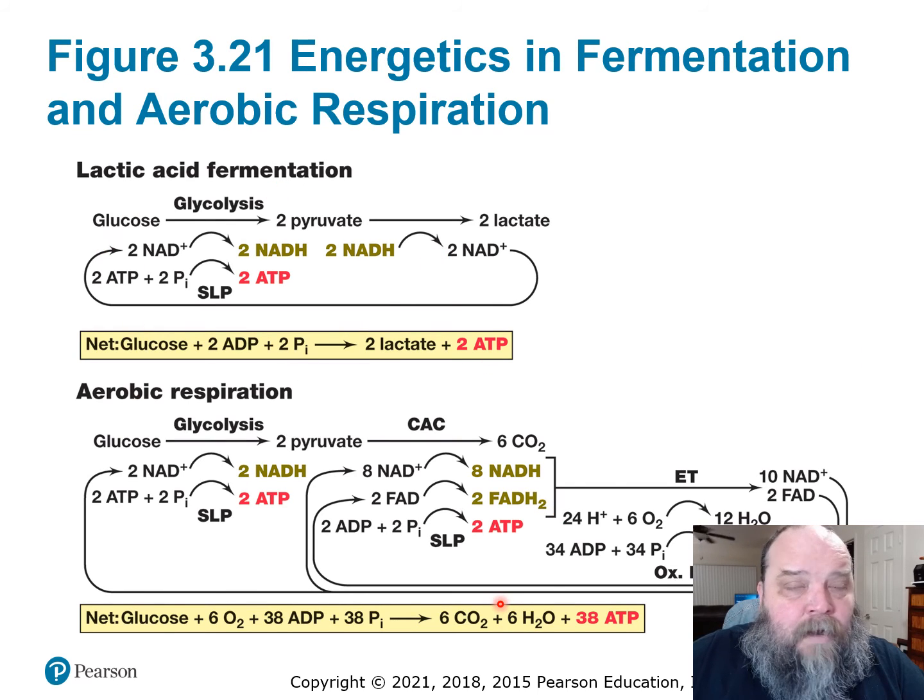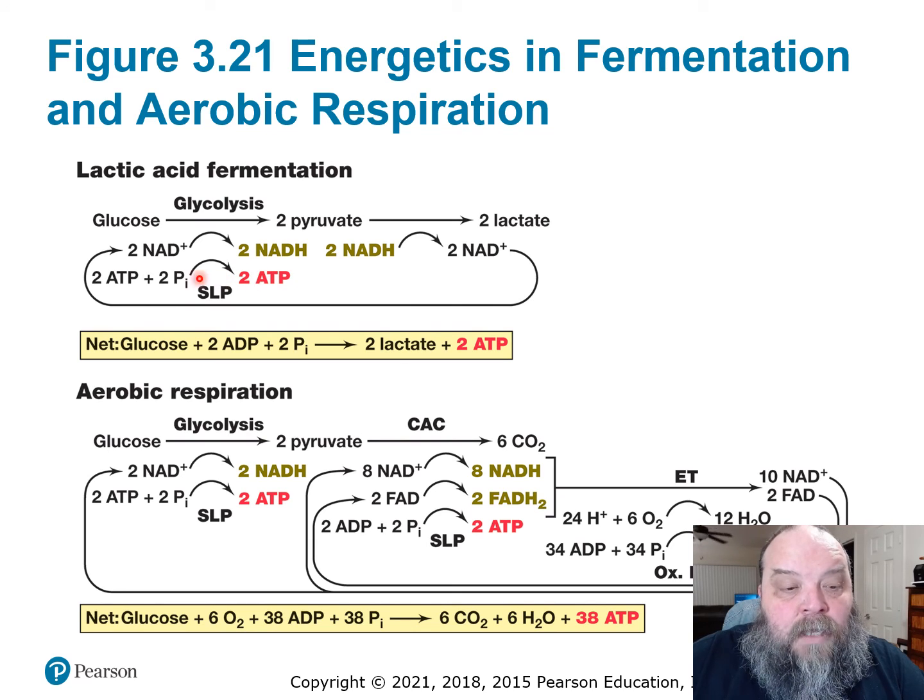So when you go and you compare lactic acid fermentation, here's our example. Glucose to 2 pyruvate to 2 lactates. In the process of doing this, glucose to pyruvate, 2 NAD reduced to NADH, 2 ADPs and 2 inorganic phosphates make 2 ATPs.